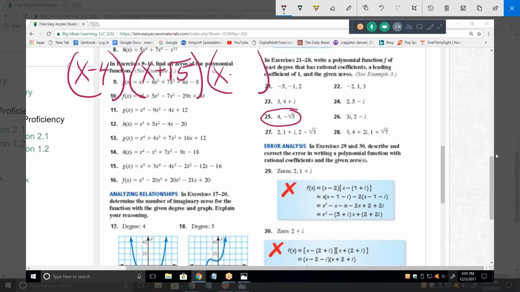Irrational factors are a lot like complex factors. They come in pairs. You will not find just one irrational factor. There's always two of them. So treat this just like I, and by that I mean multiply these two together first, and you'll see something happen that will make you glad you multiplied them together first.